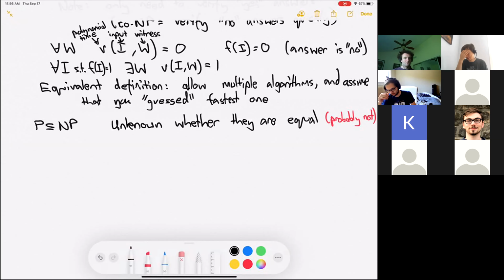Scott Aaronson has some entertaining blog posts, if you go to his blog, about what you should do if you prove that P equals NP, and it's a practical algorithm. He's saying that you should keep it secret, or you should publicly announce that you can do it, and let people send you problems that they would otherwise be unable to solve, and then you solve them efficiently.